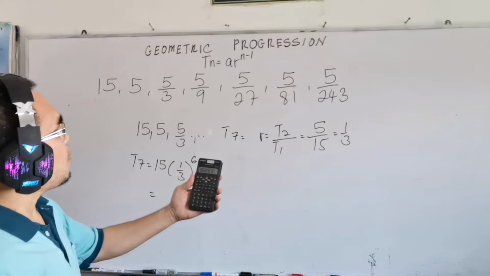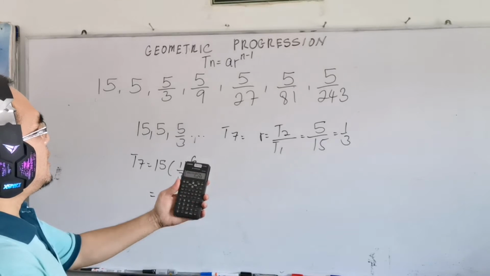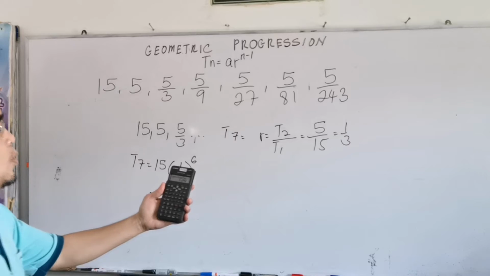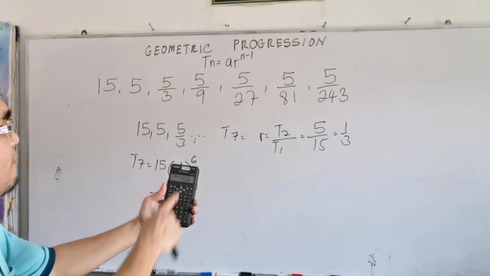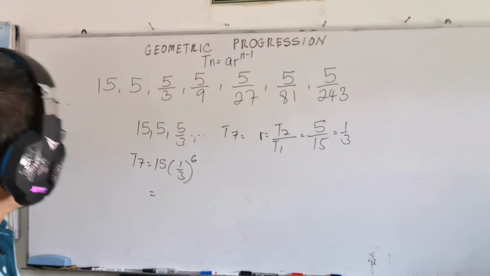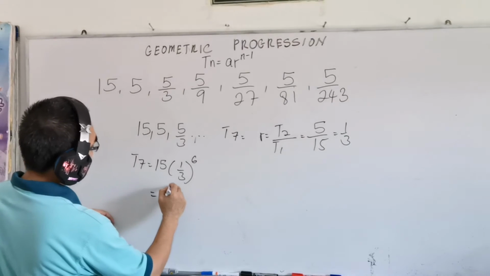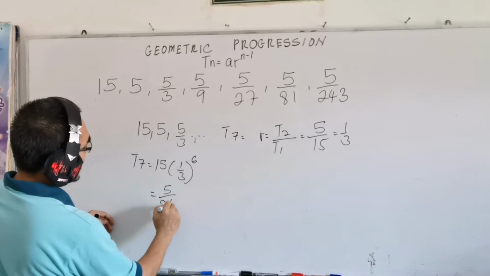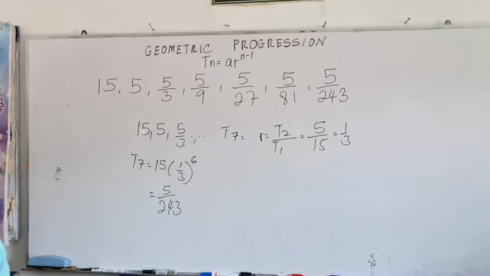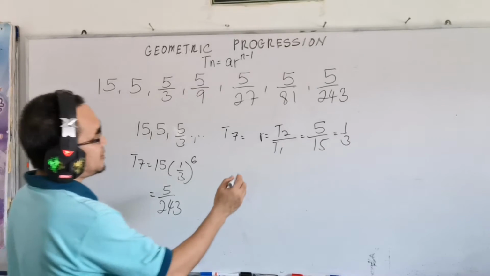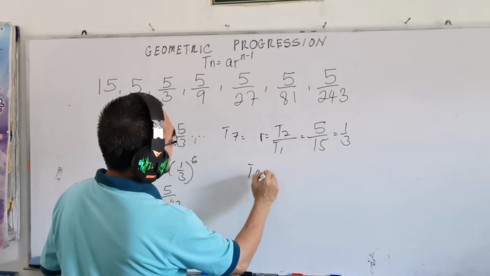So it's 0.020, and if you change that to a fraction, it will be 5 over 243.